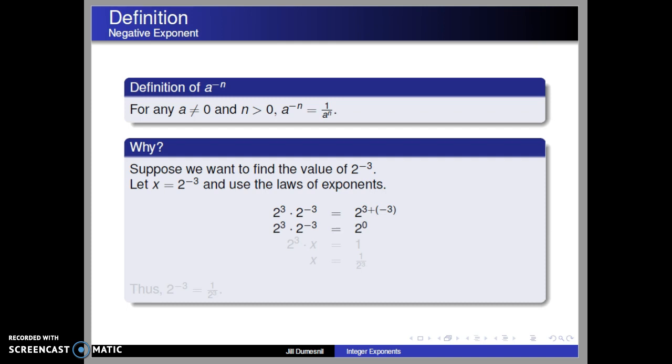So 2 cubed times 2 to the negative 3 will equal 2 to the 0. Let's substitute 1 for 2 to the 0 and x for 2 to the negative 3. And we have that 2 cubed times x is 1. Therefore, x has to be 1 over 2 cubed. Thus, 2 to the negative third power is the reciprocal of 2 to the third power.